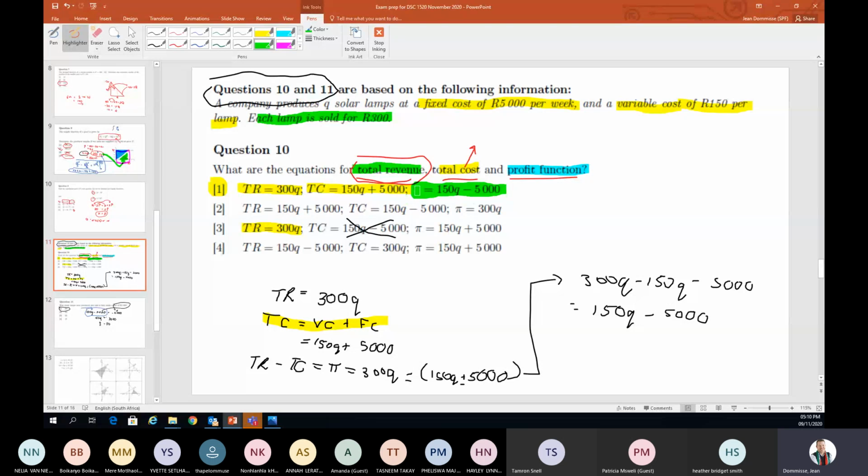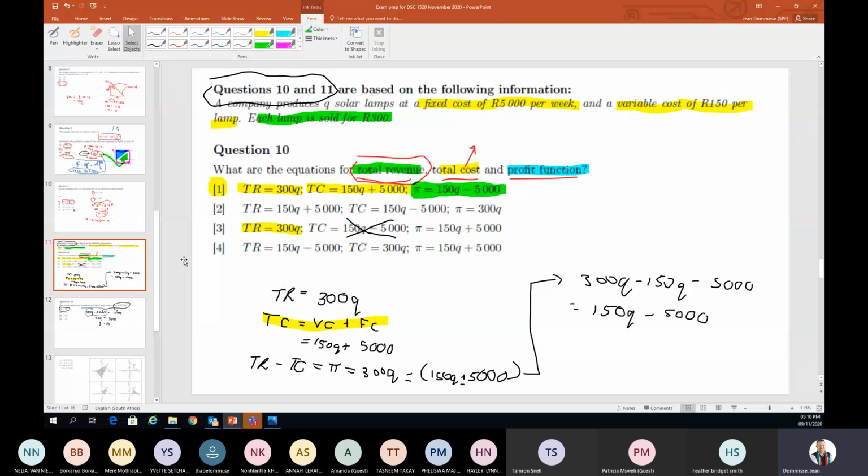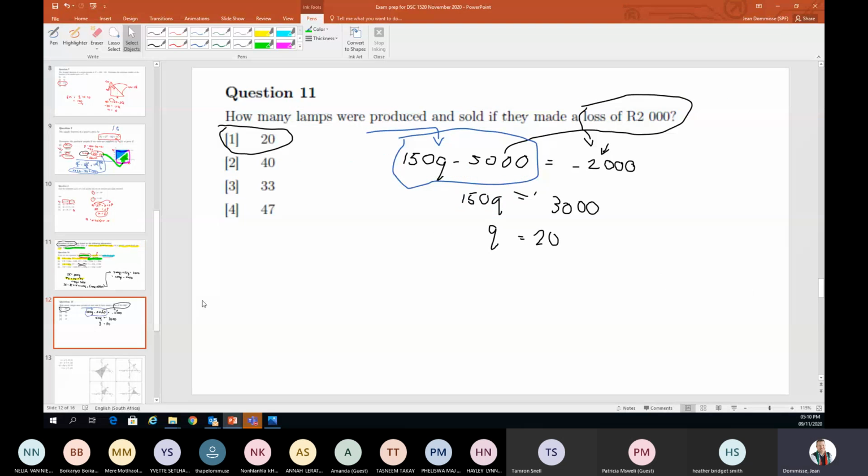And if it is option 1, then that is my profit function, and I can use it in my next equation. Okay. And all the other profit functions were in any case wrong. So it's not even that there was another profit function that would have been correct.